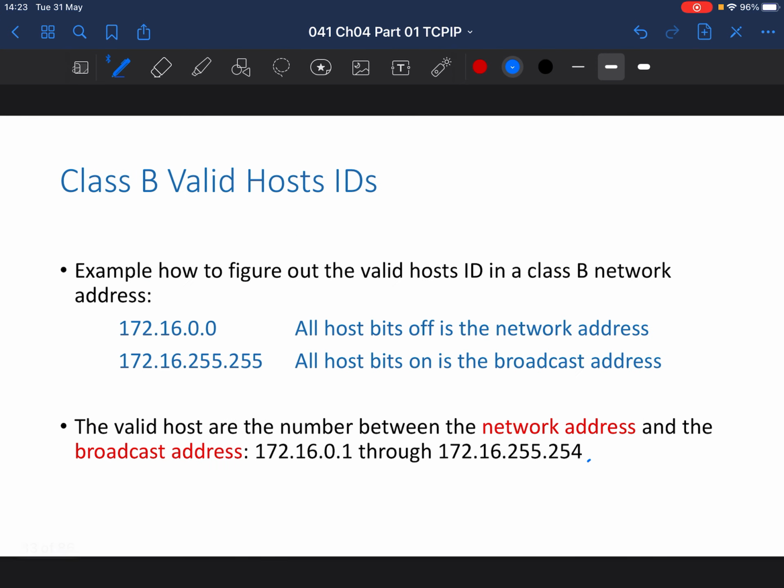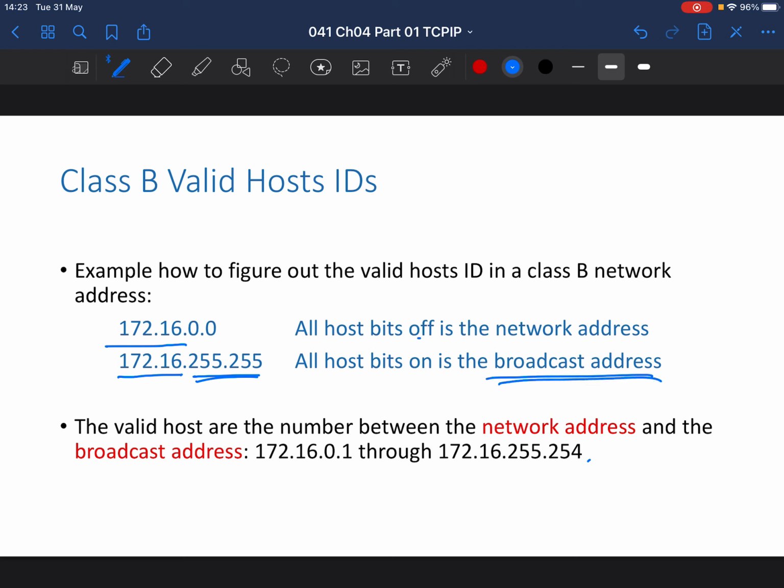Class B valid host IDs. Example: how to figure out the valid host IDs in a Class B network address. So Class B always starts with 172.16. Between all host bits off and all host bits on, .255.255 is the broadcast address.